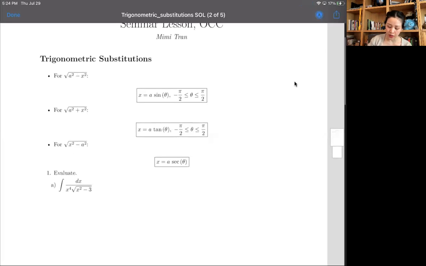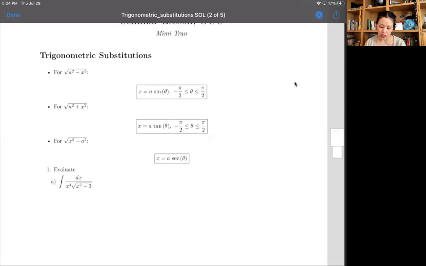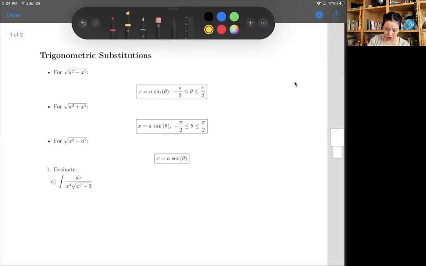For example, I have the integral of dx over x to the 4 times the square root of x squared minus 3. If you look at the bottom, the square root of x squared minus 3, it tells us that we're going to use x equals a secant theta.